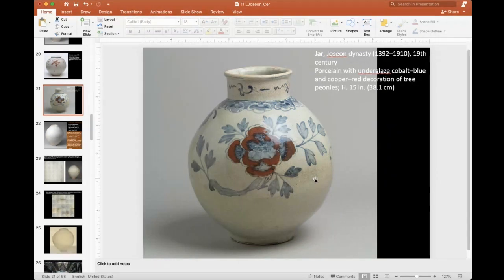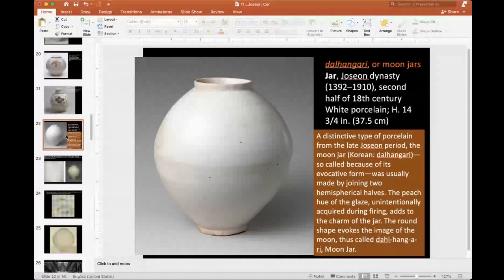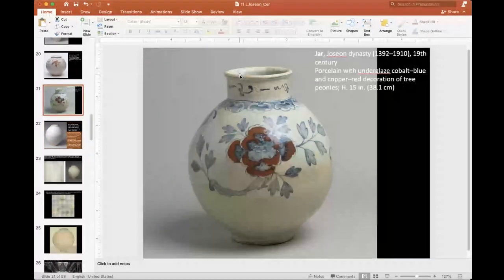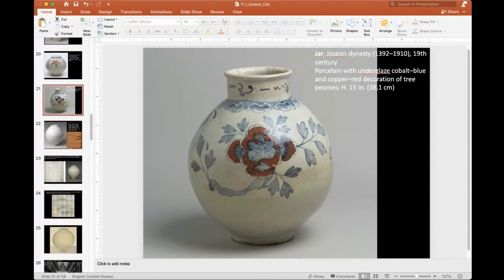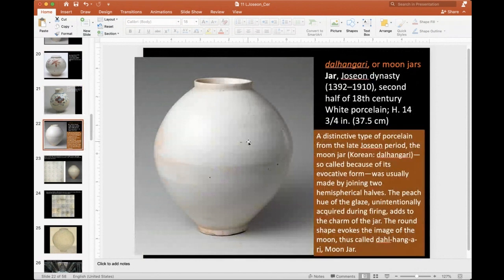So that was the idea. There is also a glass coating on the top, on all of them. That's why it says underglaze, meaning the painted motif is placed under the glass coating. It's a shiny surface.